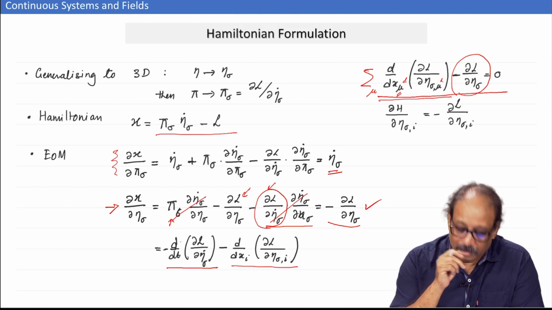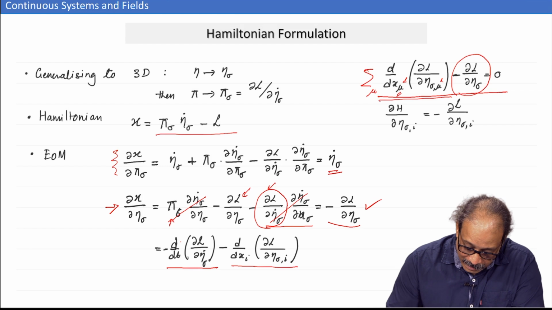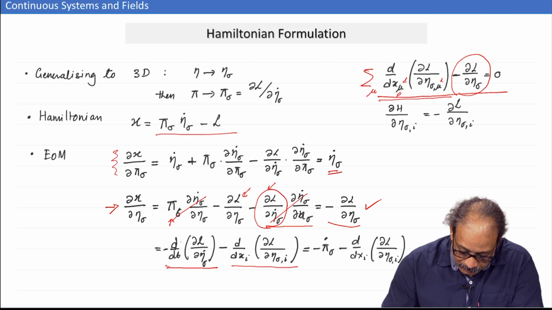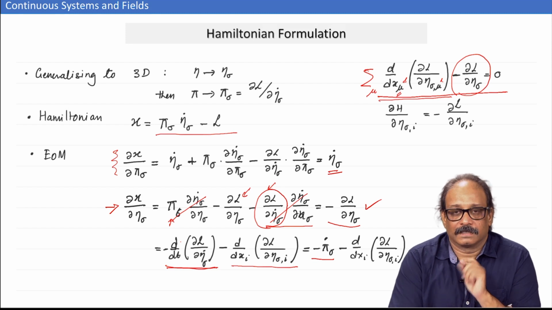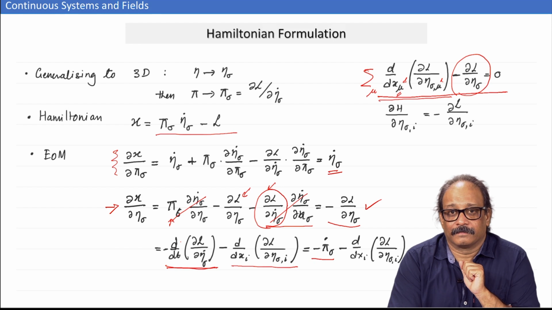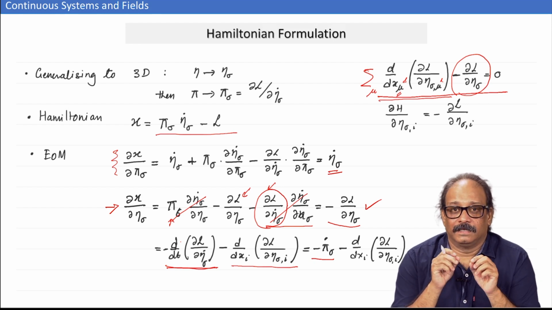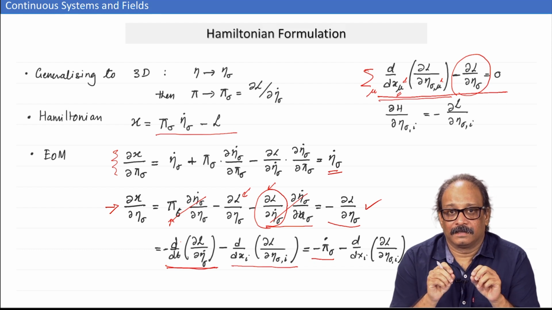Now, this does not look like, because I know that the first term here is minus pi sigma dot, that is the definition, but now you have additional terms there. You see, this does not look like the particle dynamics.